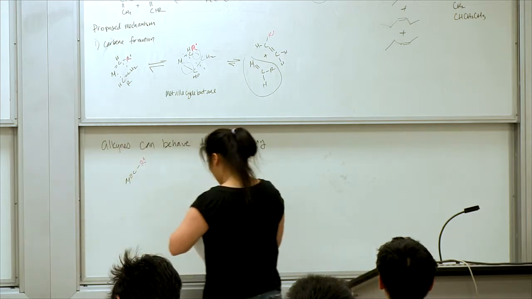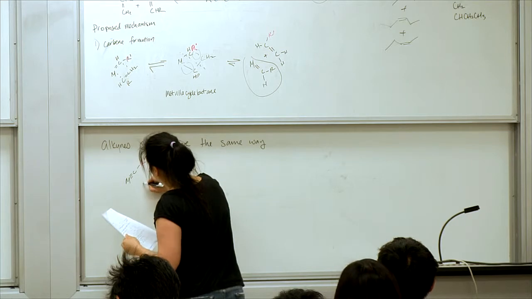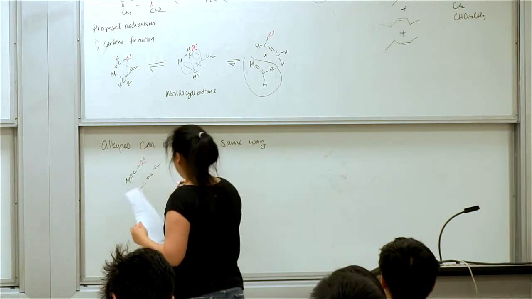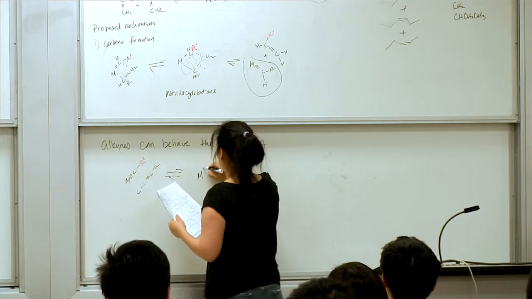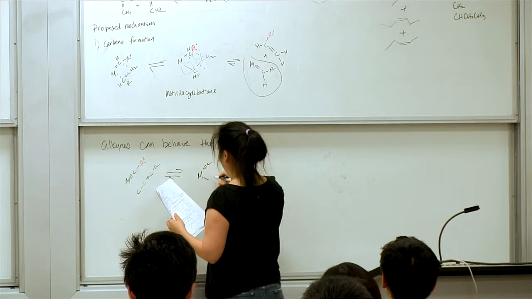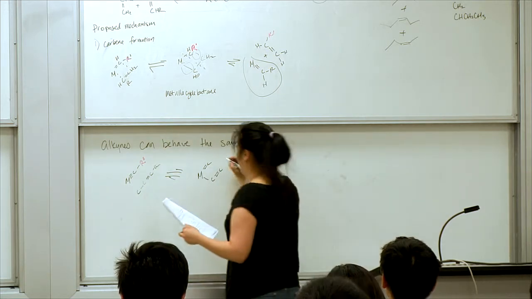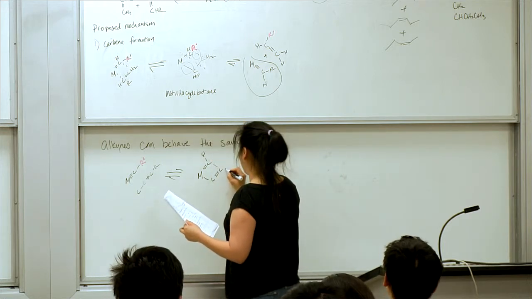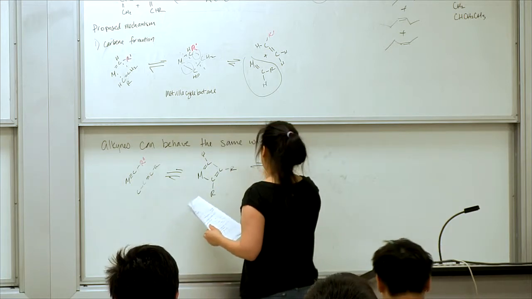Red is dying. You form another metallocycle intermediate, except now, of course, there's a double bond and a single bond to a carbon. It's sort of the analogous reaction, except you just have to change some of the bond orders to keep them consistent. You don't lose electrons that way.